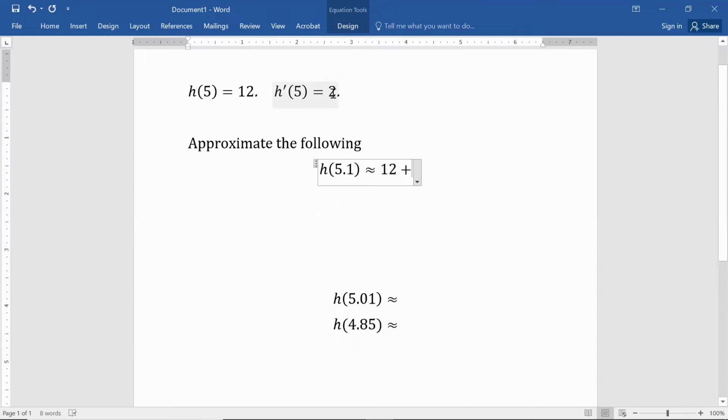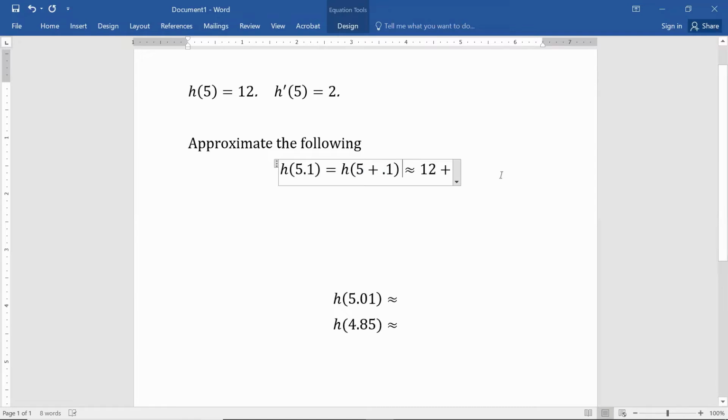Now, how much of the slope? Well, we want to add 0.1 multiplied times the slope, because ultimately 5.1 is the exact same thing as taking 5 plus 0.1.